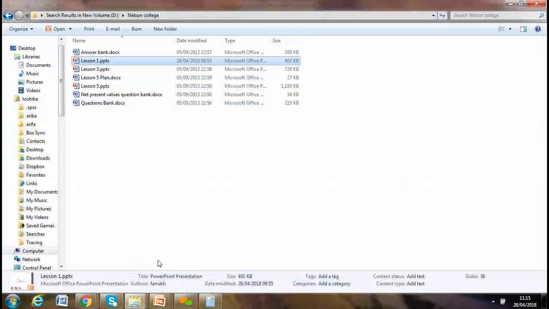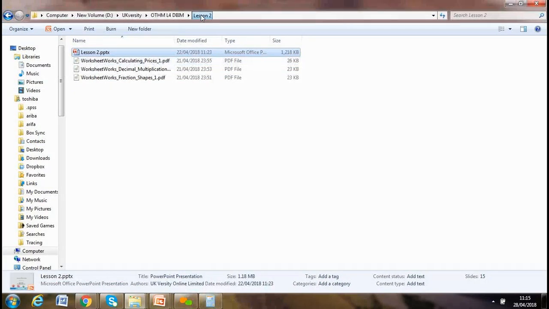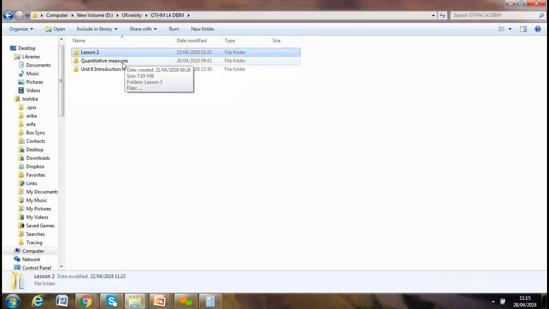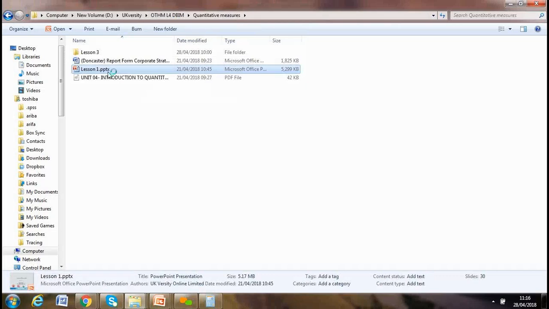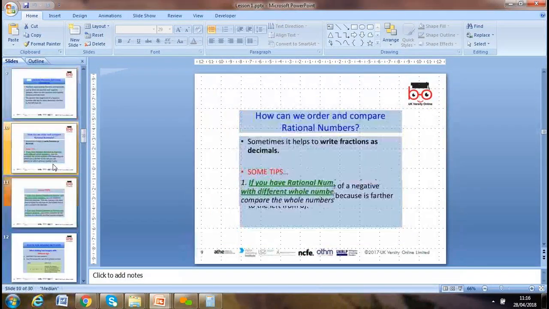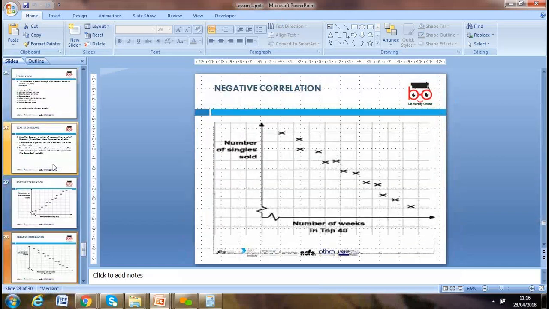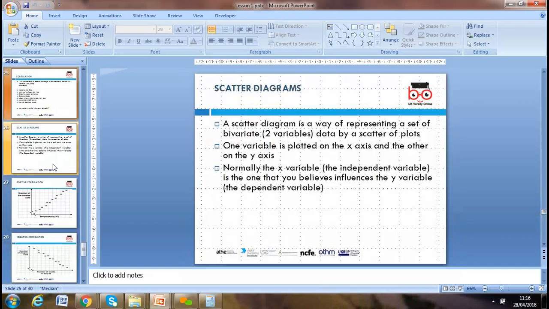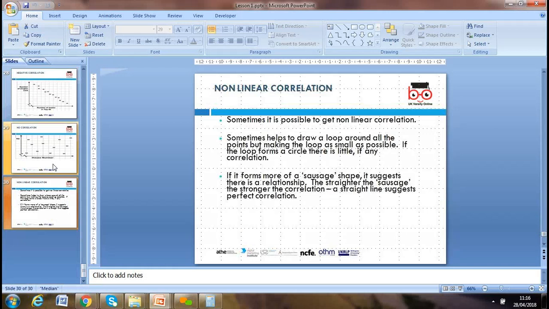For example, the profit expense ratio and gross profit net profit ratio, something like that. Correlation means the relationship between two things.